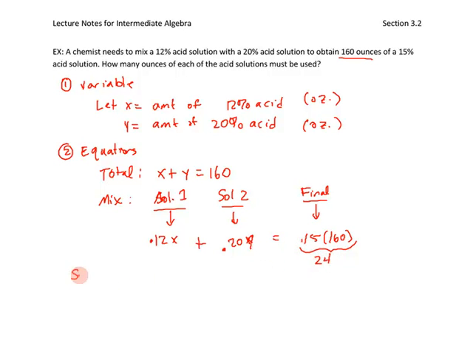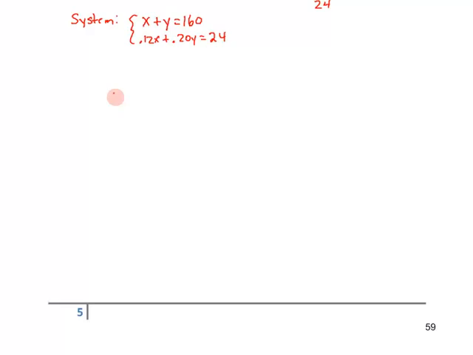So what does my system look like? It looks like x plus y is 160, and 0.12x plus 0.20y needs to equal 24. Now we solve the system the same way. Subtract y from both sides.